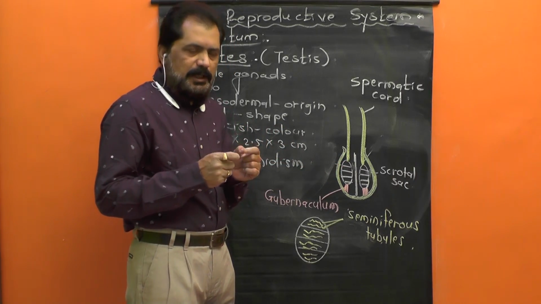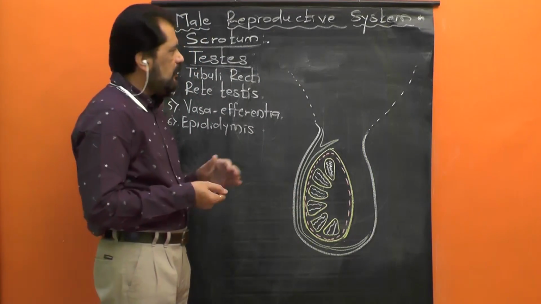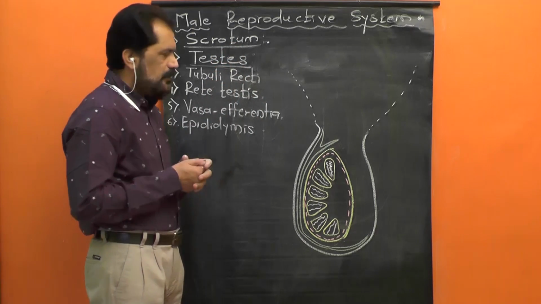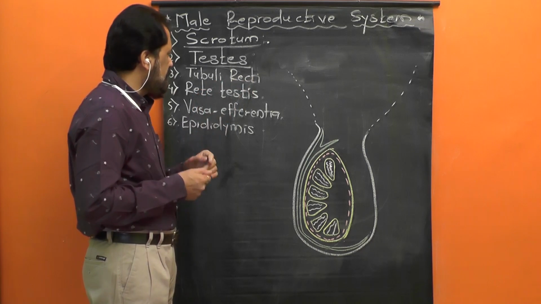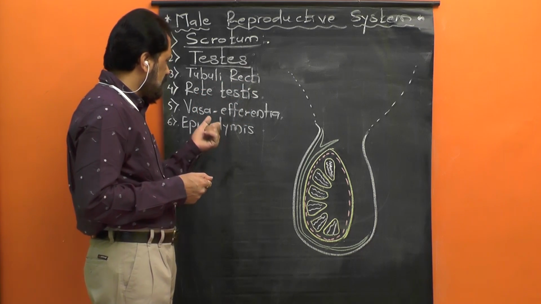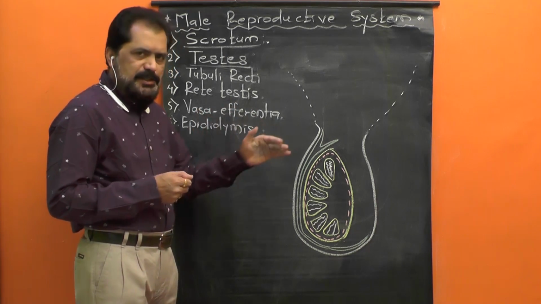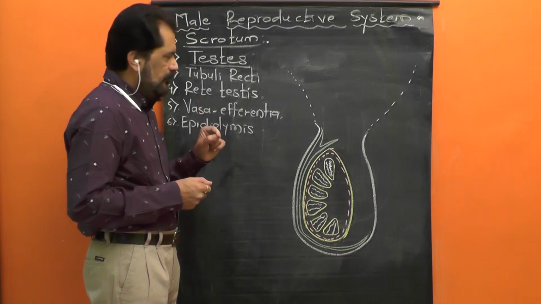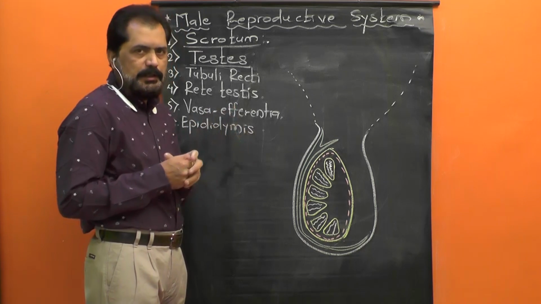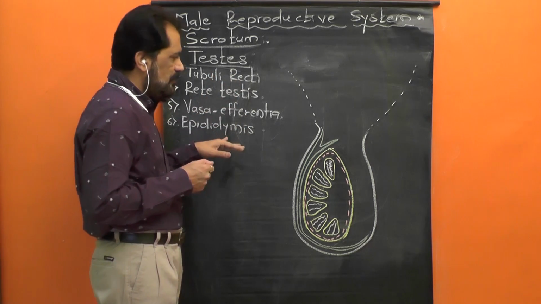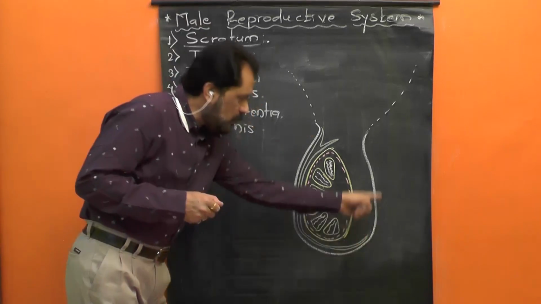So now, after the study of scrotum and testes, we have to study about Tubuli Recti, Rete Testis, Vasa Efferentia and Epididymis successively. I have written the names of all these 4 different structures together because all these structures remain associated with the testes within the scrotum.